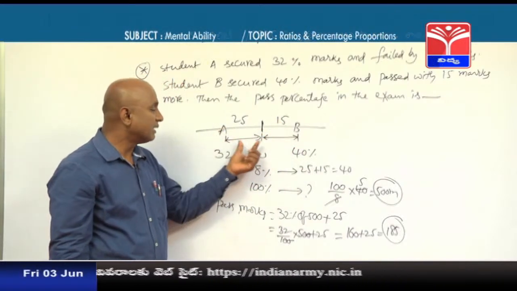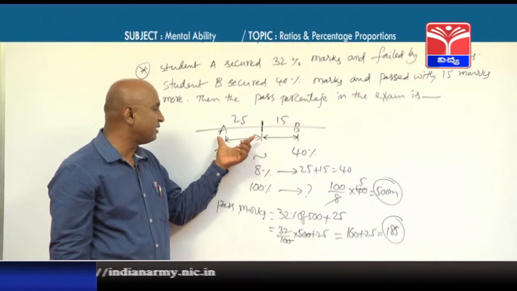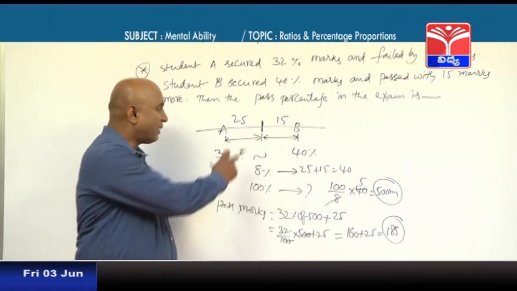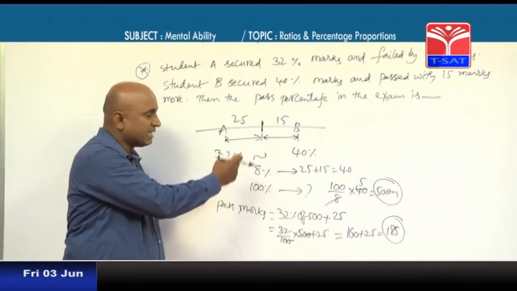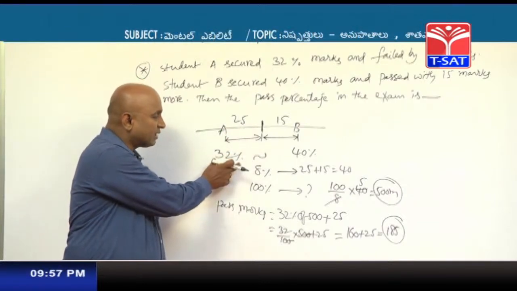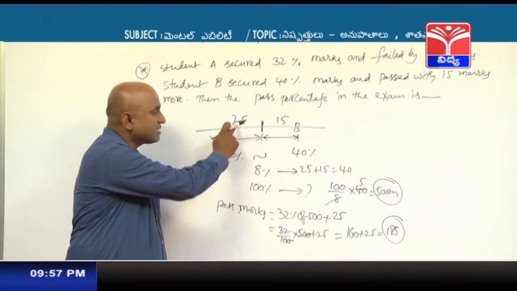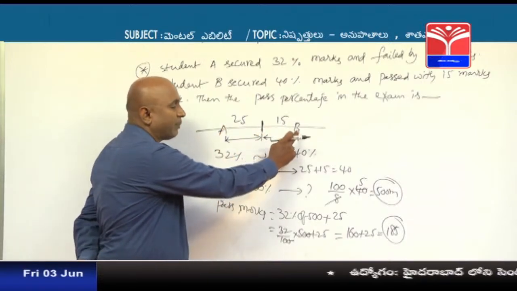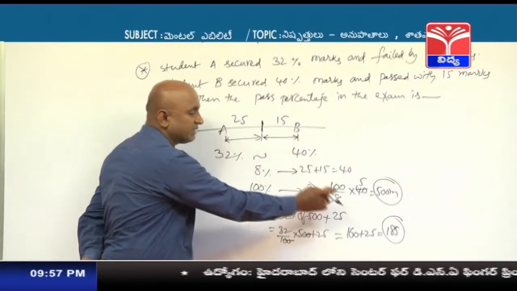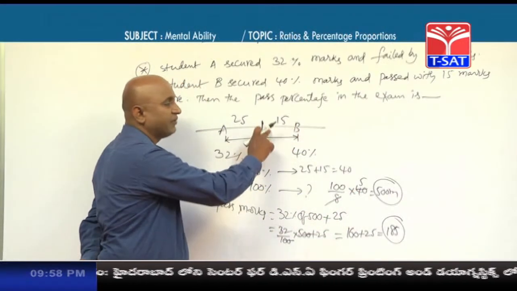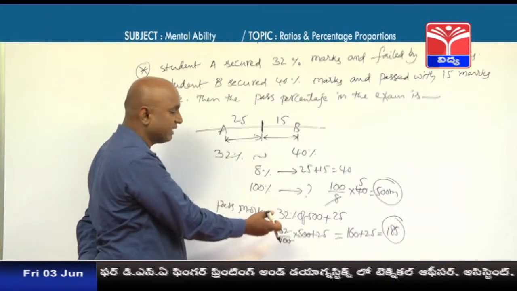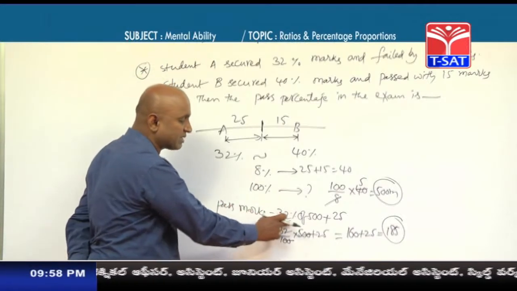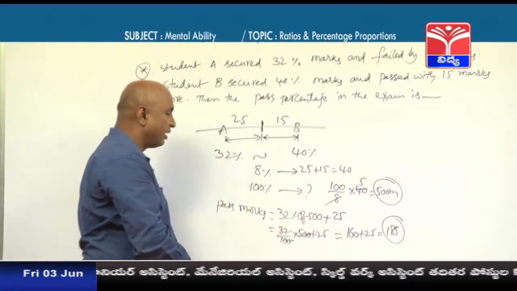That means the pass percentage lies between 32% and 40%. Now the pass marks of A or B is equal to 32% of the total exam plus 25 marks. Similarly, the pass marks is equal to 40% of 500 minus 15. In both cases, we can take anyone. That is why we have taken pass marks is equal to 32% of 500 plus 25.